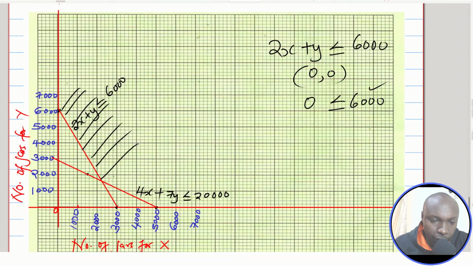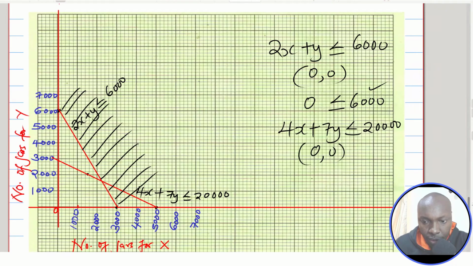We do the same for the other equation, 4x plus 7y less than or equal to 20,000. If you pick 0, 0 again, 0 is less than or equal to 20,000. So that one also satisfies, and you again shade on top of that line.